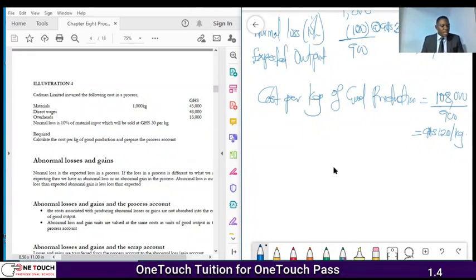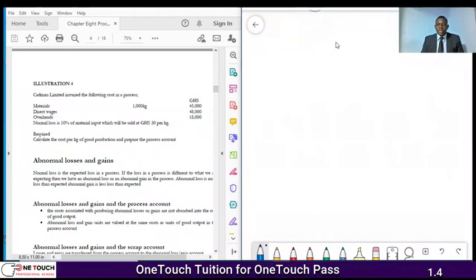So now let's look at how the process accounts will be prepared. The process accounts.